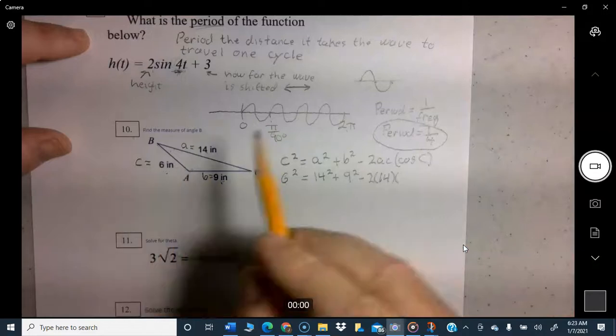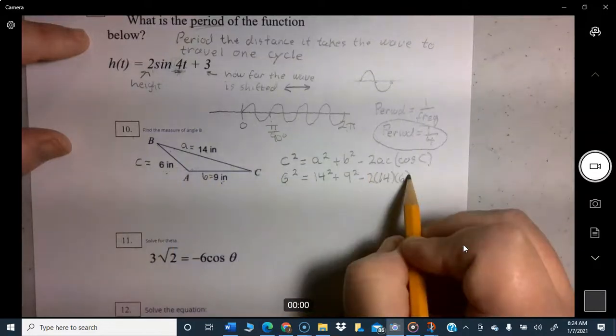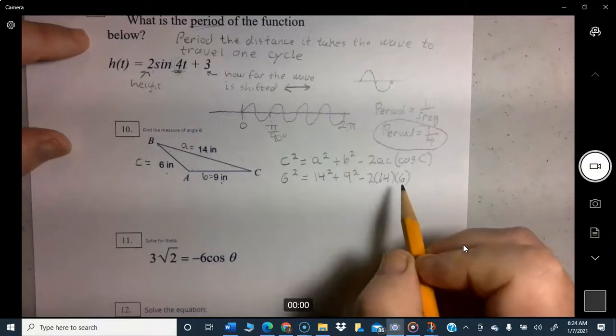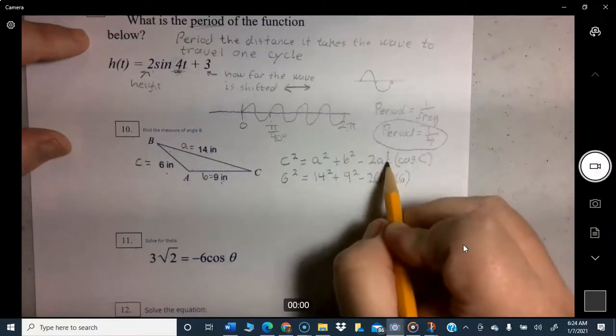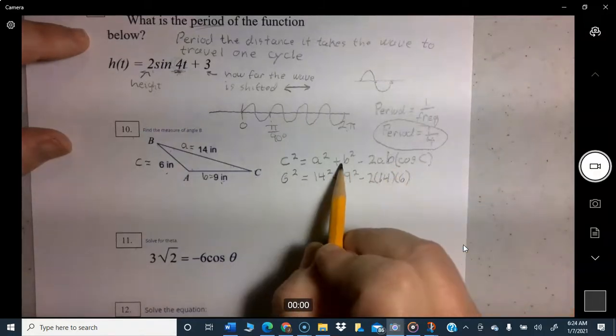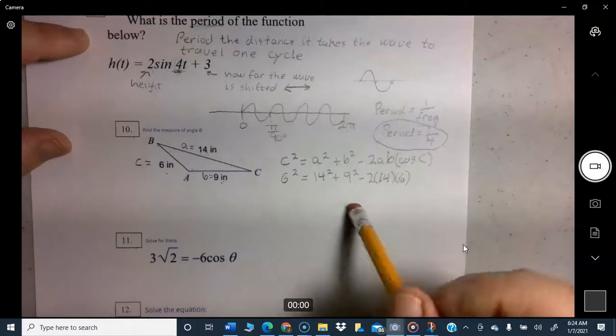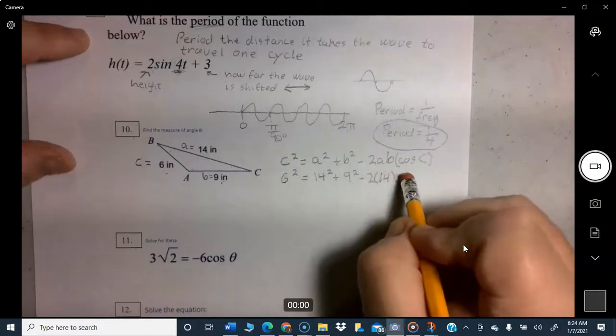Side C is 6. Okay, and I did that wrong. It's B. That should have been B. A squared plus B squared minus 2AB, so let me change that B to 9.